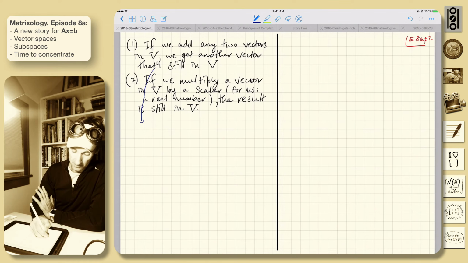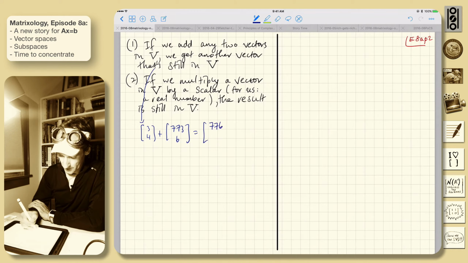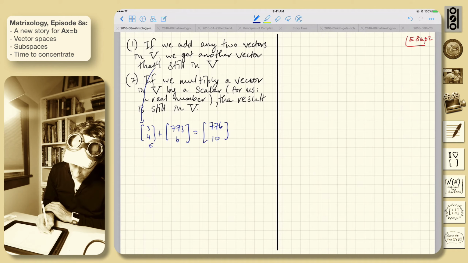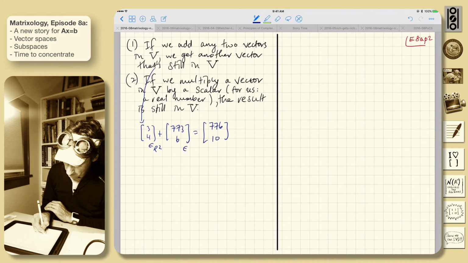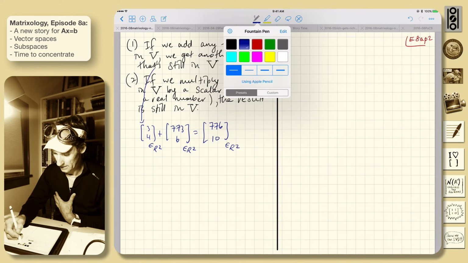So we have 3 and 4, plus, let's do this, 773 and 6. That's going to be some number, 776 and 10. You would say this is an element of R2, this is an element of R2, and this is still an element of R2. We can't escape.